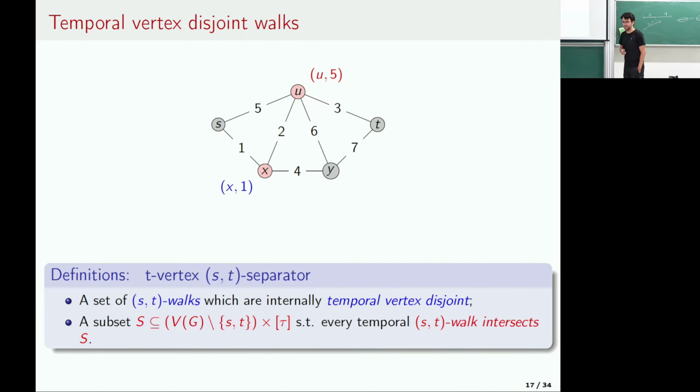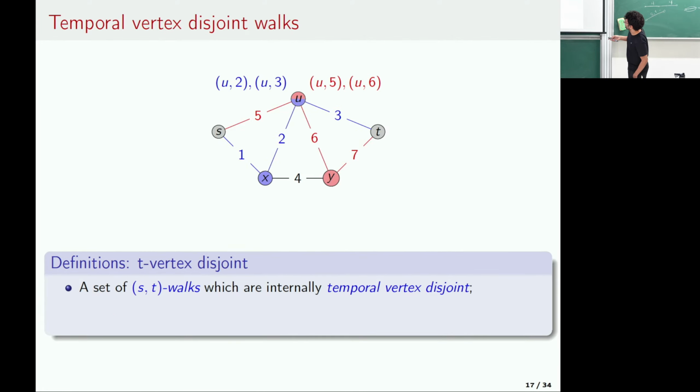If the 3 and the 7 were switched, would it count as using u at the same time, because the 1, 2, 7 path is waiting at u while the other one is passing through? If they intersect in u at any time, even if one is waiting and the other is moving, it still counts as an intersection.